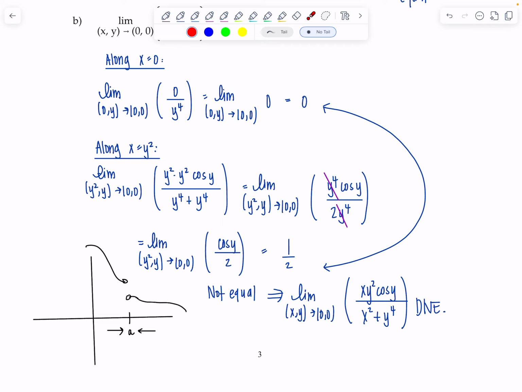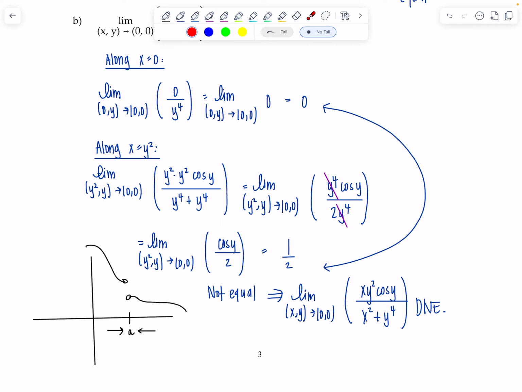So testing paths is never the way to show a limit exists. Testing different paths is only used to show the limit doesn't exist because you get 2 different values, okay? And so just because you get 0 twice doesn't mean you have any helpful information, okay?